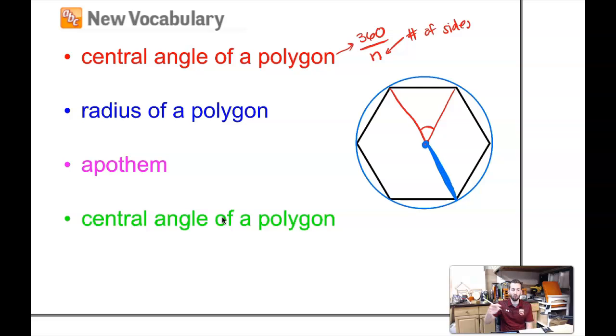So notice even up above, to make my central angle, I needed 2 of these radii. So it's a segment, I'm going to write this down, segment from center to vertex. All right.